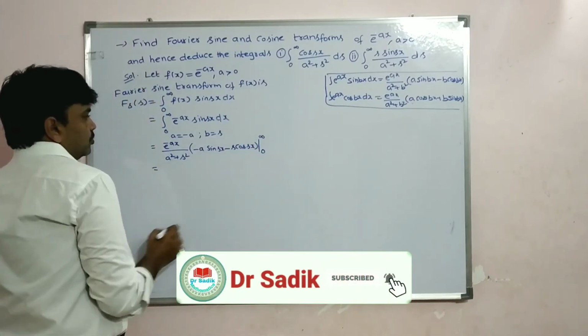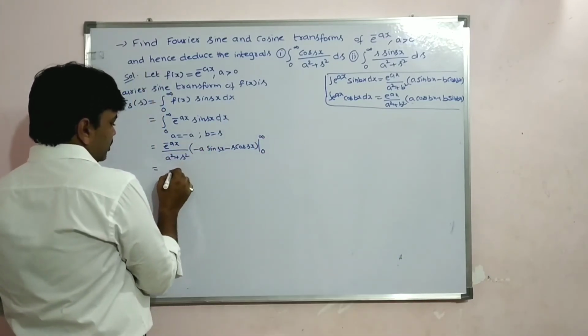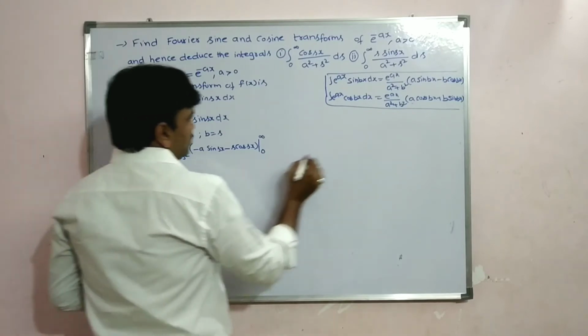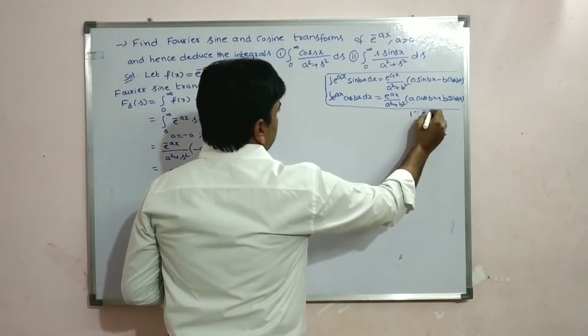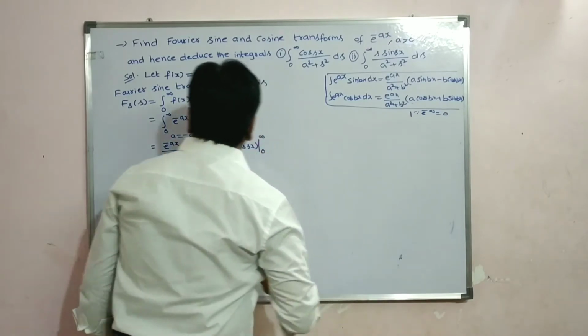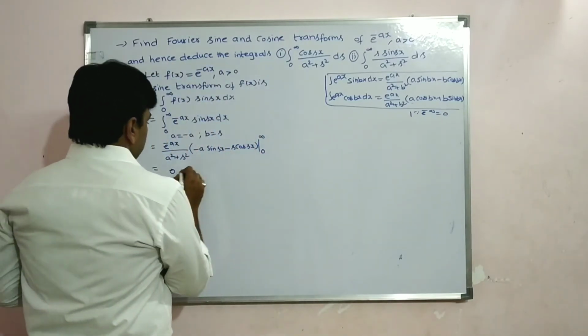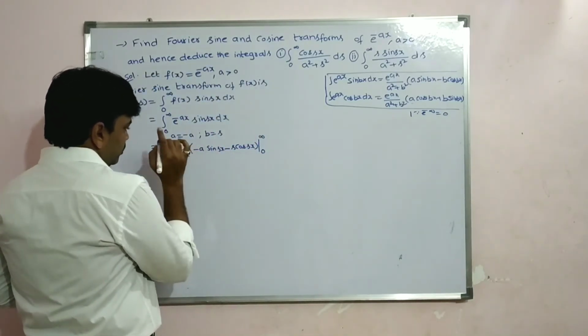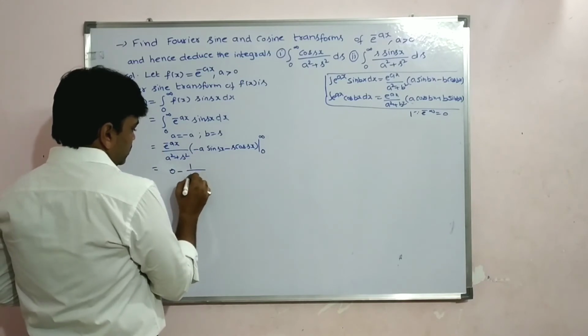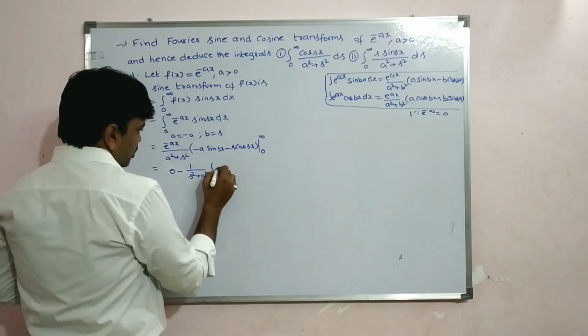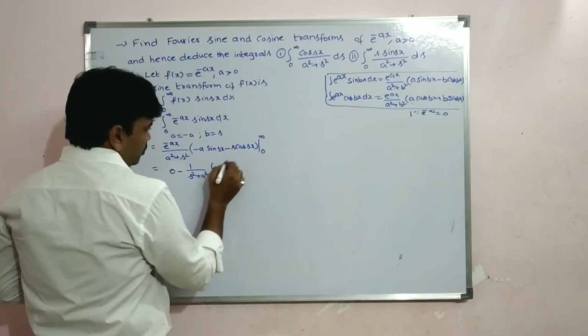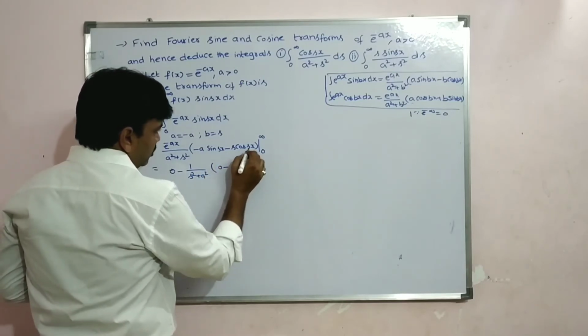That is equal to upper limit substitute, e power minus infinity, so the value is 0. Since e power minus infinity is 0, substitute the lower limit: minus, e power 0 value is 1. So 1 by s square plus a square into sin 0, sin 0 value is 0, minus s cos 0, cos 0 value is 1.